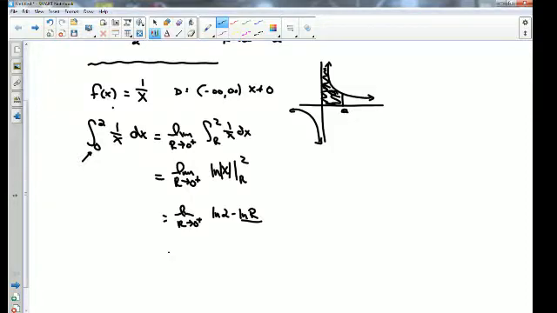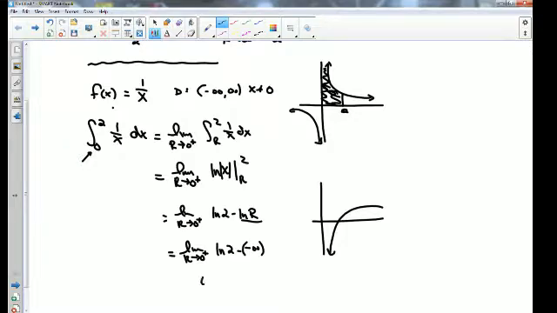You remember what the graph of natural log looks like? So as we approach 0 from the right, where's this going? Negative infinity, right? So this actually is infinity, correct, this answer? So this problem actually diverges.